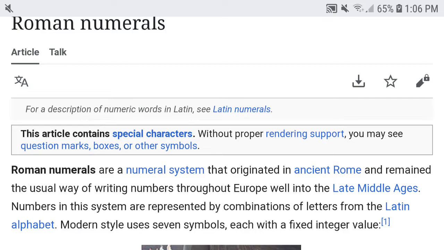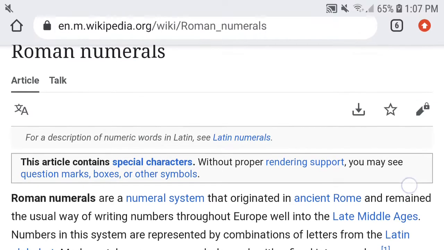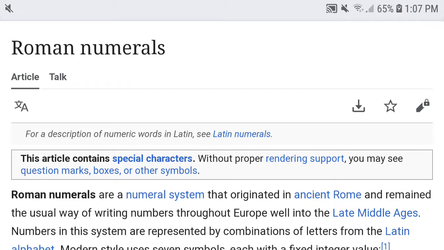Back in university, I think we used a lot of the Roman numeral system for our papers, basically for chapters. So chapter one, chapter two, chapter three, the numbers 1, 2, 3 and so on, we used Roman numerals.